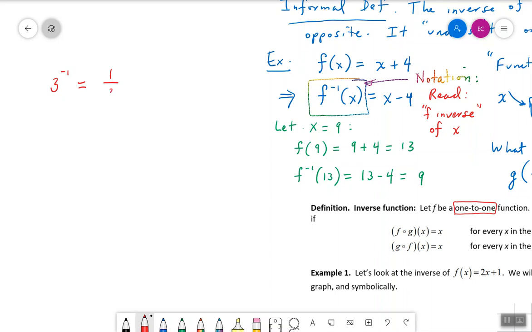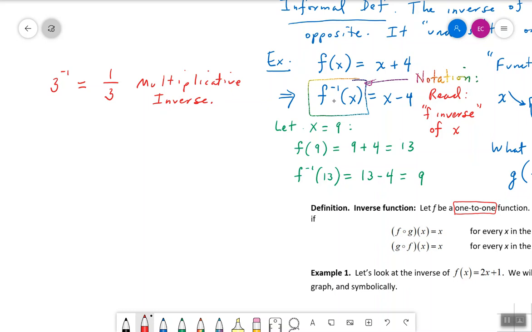But that's a different kind of inverse. That's called a multiplicative inverse. It just means that when you multiply 3 times 3 to the negative 1, you get back to the identity, which is 1.